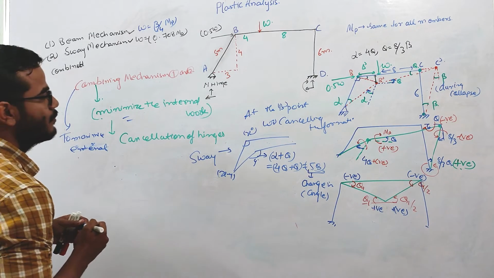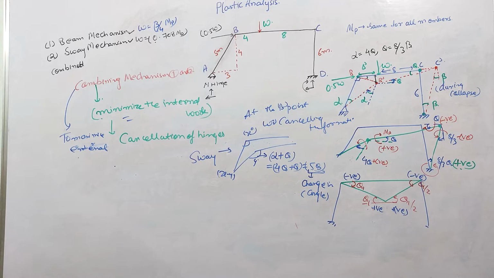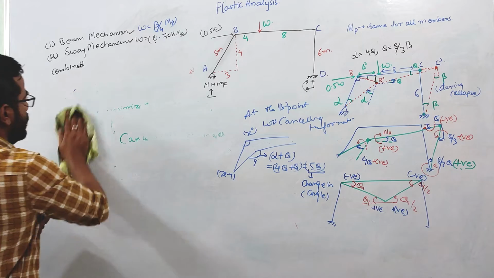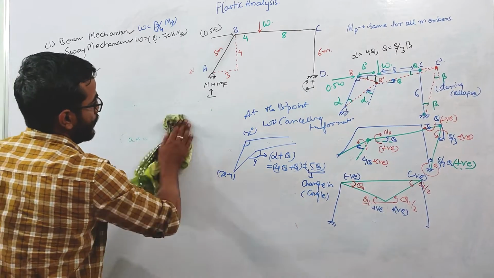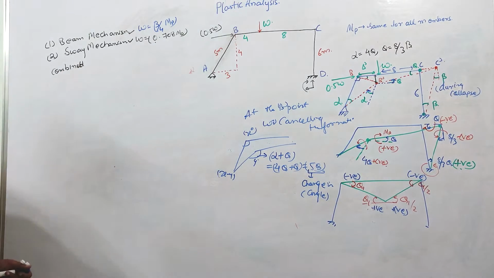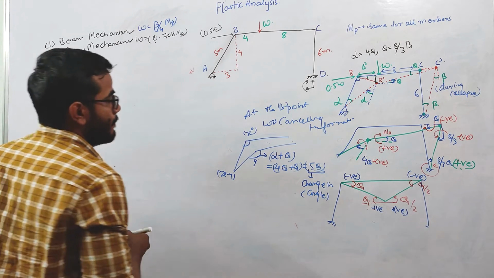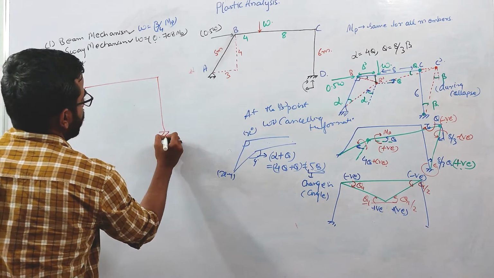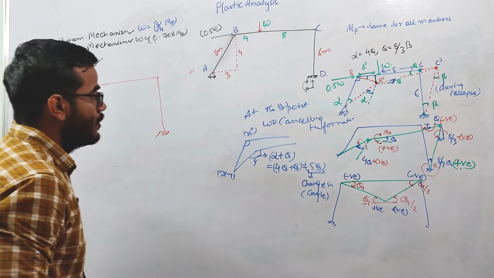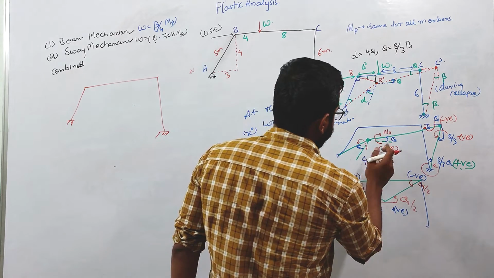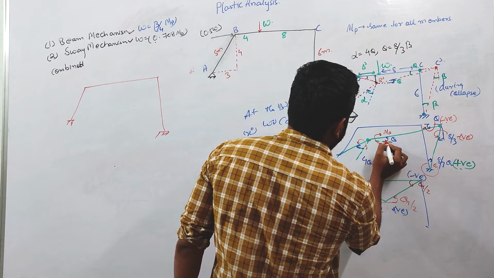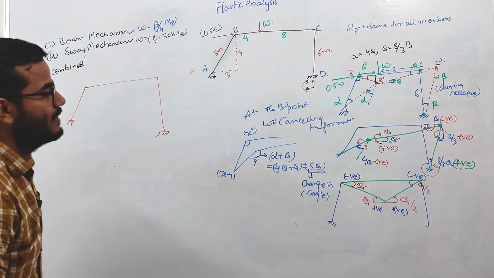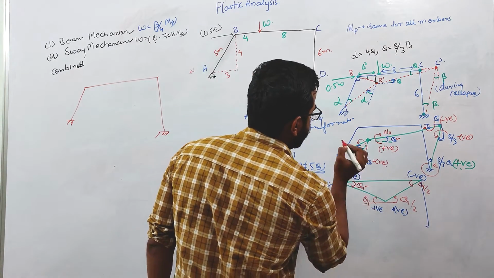if you see the sway deformation, how will the sway deformation look like? If you combine these two things, at this point, this theta plus this theta 1, this is in anti-clockwise, this is in clockwise direction.